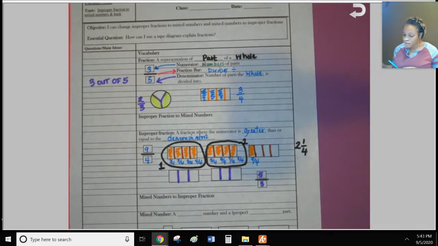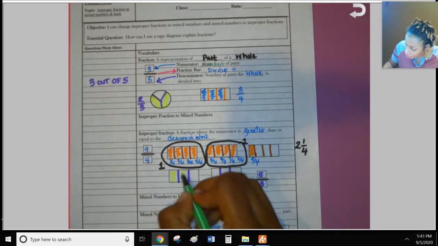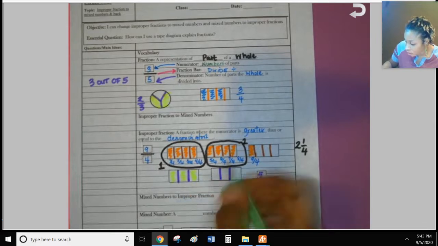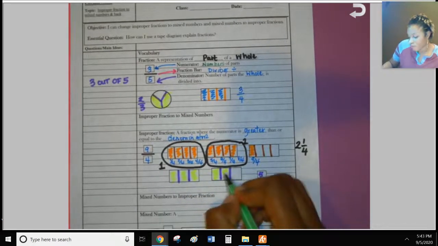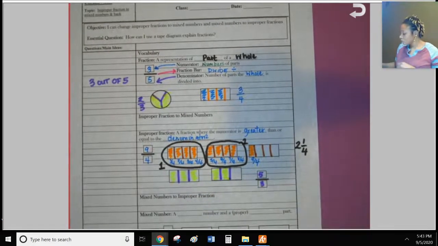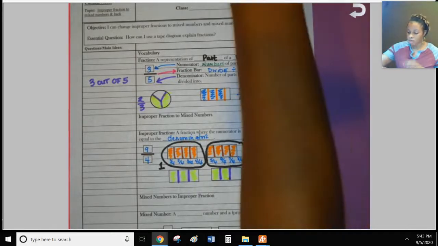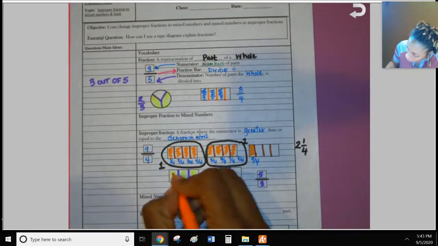How many of these do I need to shade? My numerator tells me how many I need to shade. So how many am I going to shade? 1/3, 2/3, 3/3, 4/3, 5/3. So this shows me the portion that is shaded.